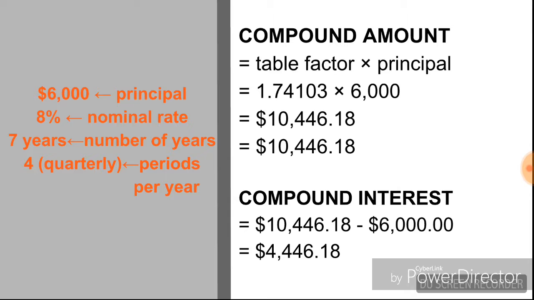To compute for the compound interest, simply subtract the initial principal from the compound amount. $10,446.18 minus $6,000 equals $4,446.18.